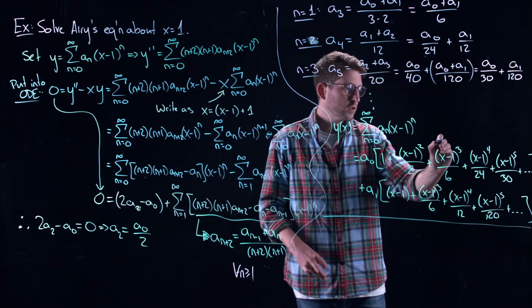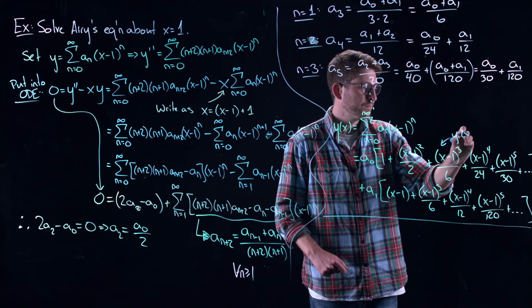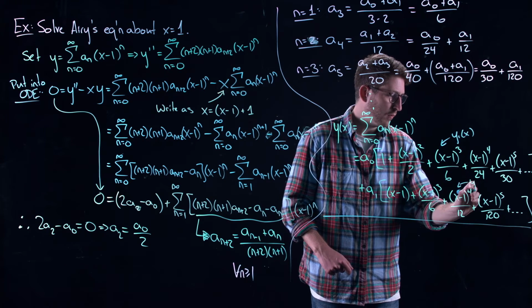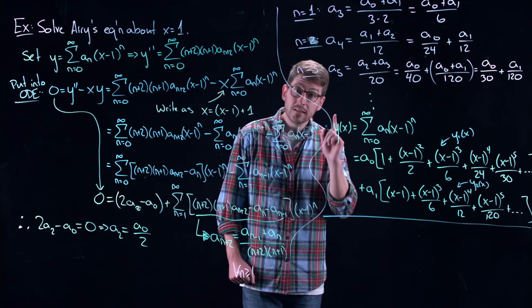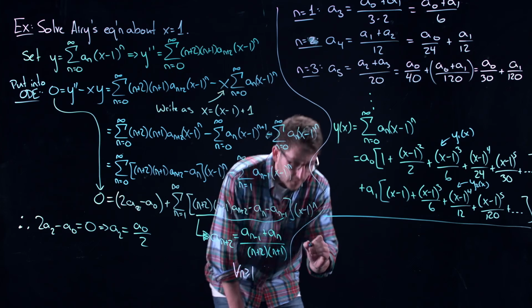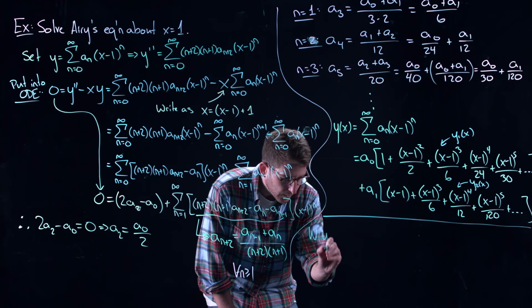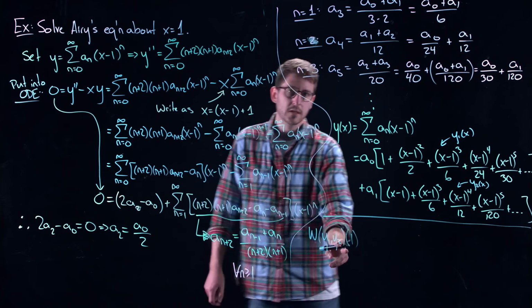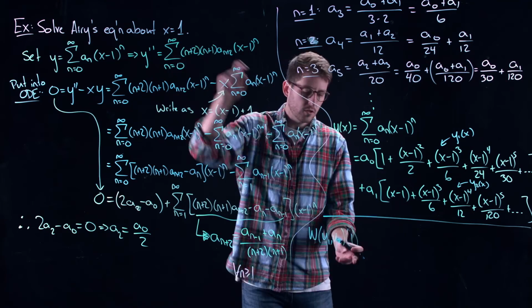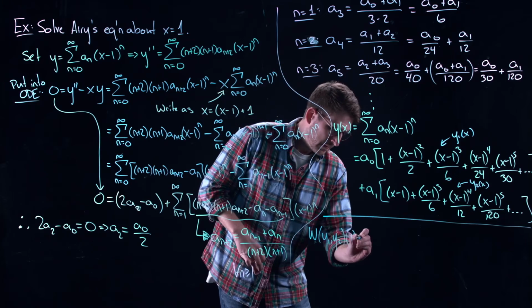If I call the first one y1 of x and the second one y2 of x, I can check the Wronskian of these things super, super easy. So let's do the Wronskian of y1, y2 at x equal to 1, because that's where I centered around. So clearly I want to do it at x equal to 1.